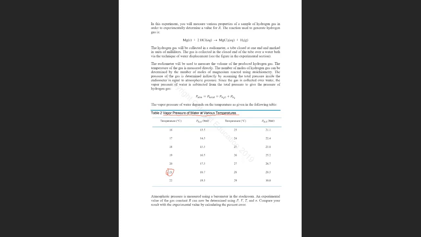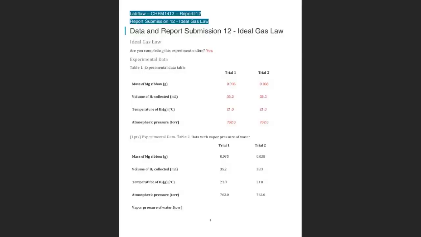In my case, because the temperature is 21 Celsius, the vapor pressure in the tube equals 18.7. So that data will be obtained from that table. So very good. So you know now where to obtain the vapor pressure of the water.